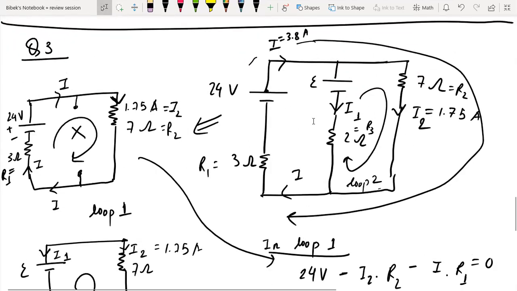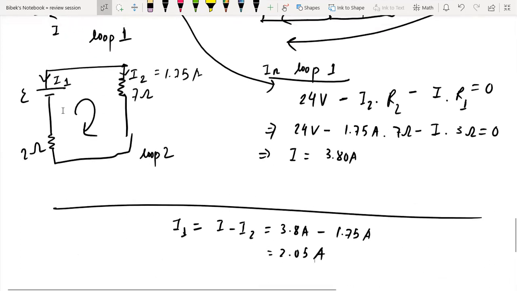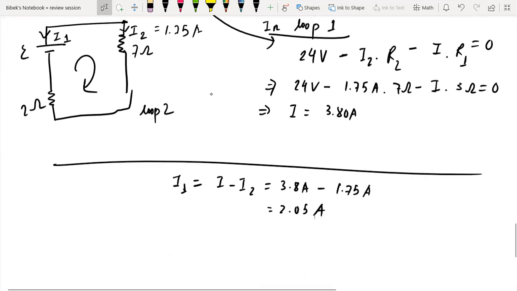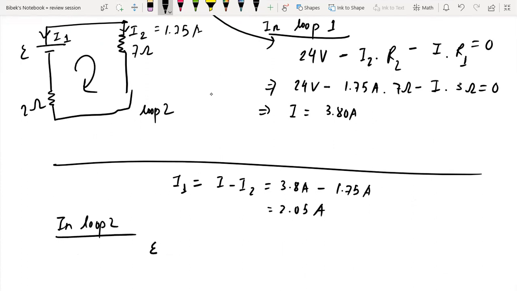Okay, so now look at loop 2. So you have your unknown EMF. You already have found I1. So now in loop 2, if you apply the Kirchhoff's law again, you have EMF E, okay, and you have a drop. So current is flowing in the same direction as the loop here.